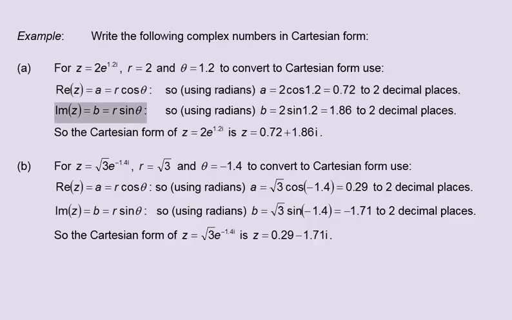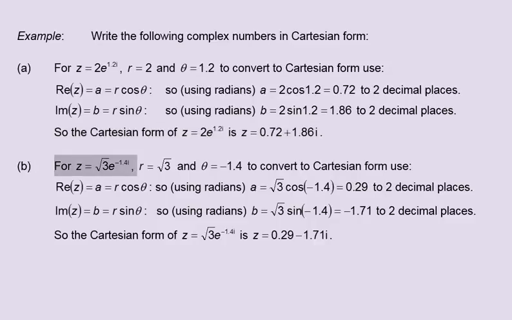For the imaginary part, b equals r multiplied by the sine of theta. So b equals 2 multiplied by the sine of 1.2, which equals 1.86 to 2 decimal places. So the Cartesian form is z equals 0.72 plus 1.86i.